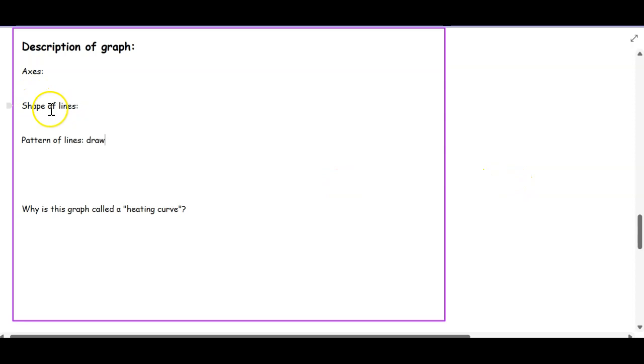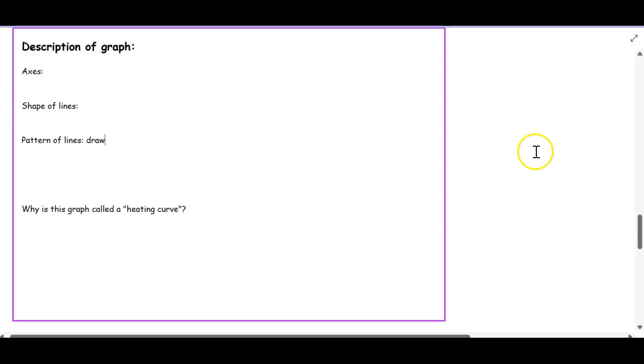We talked about the shape of the lines as being horizontal and diagonal, which is a combination of horizontal and vertical, isn't it? Horizontal meaning flat, vertical meaning up and down. Draw the pattern of those lines.